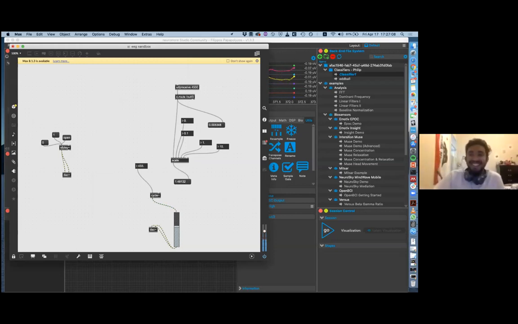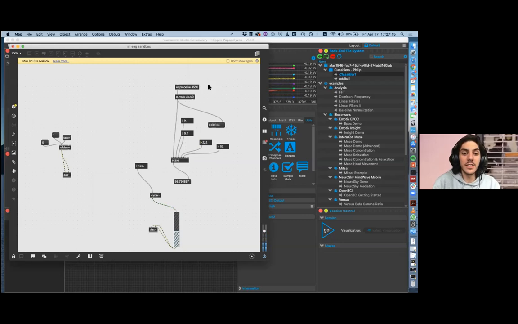Okay, cool. So what I can do now is, let's say I want the signal to have this range. I can take this output and plug it in here.